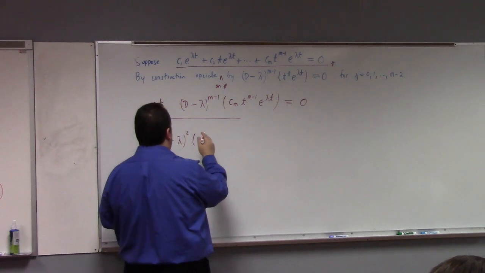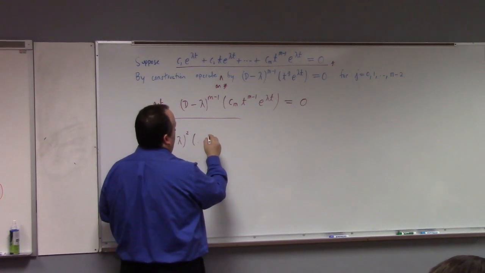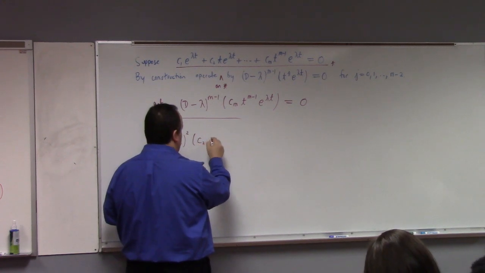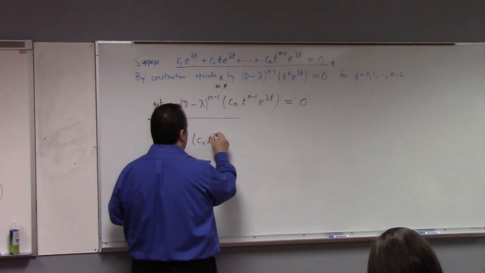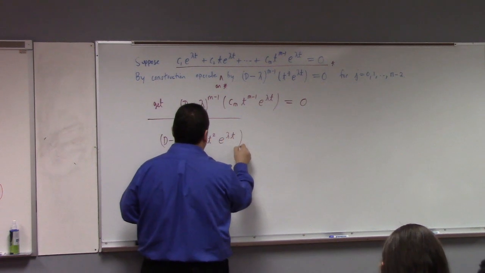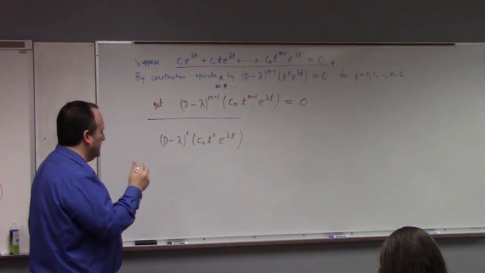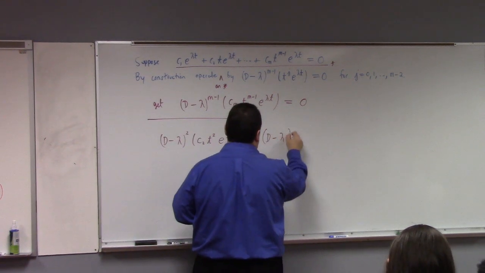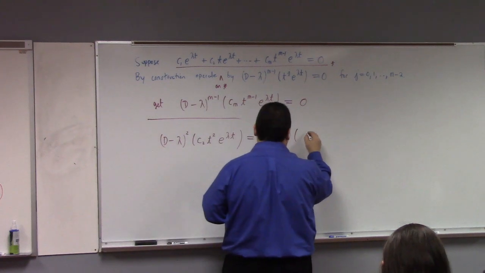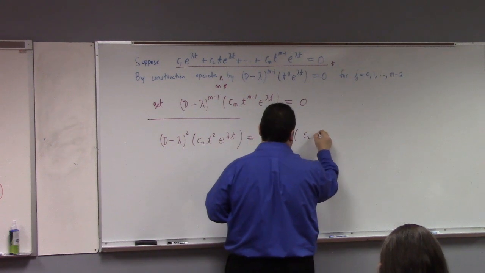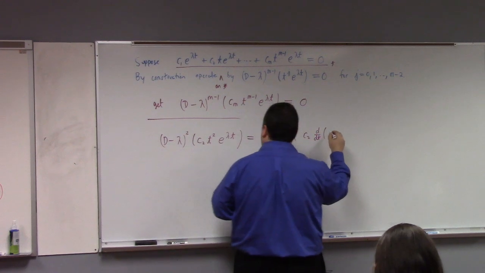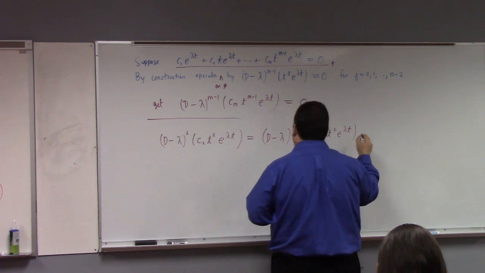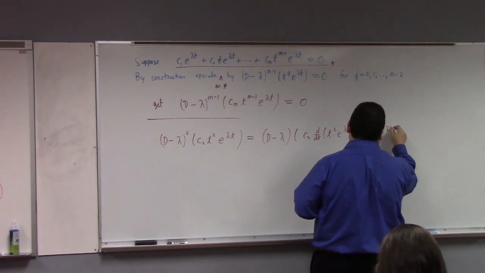So if I do this on, oh, sorry guys, C2 t squared e to the lambda t, what happens? How does this go? We have d minus lambda times the derivative, C2 times derivative with respect to time of t squared e to the lambda t minus lambda e to the lambda t.